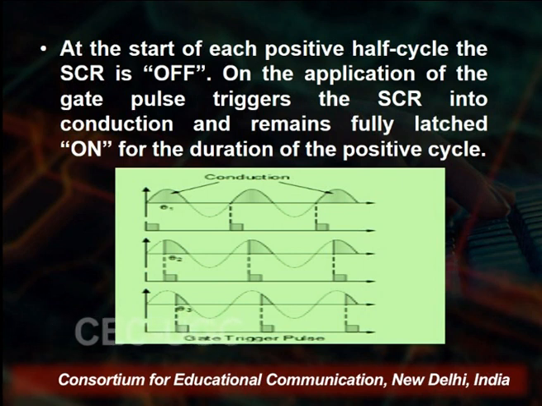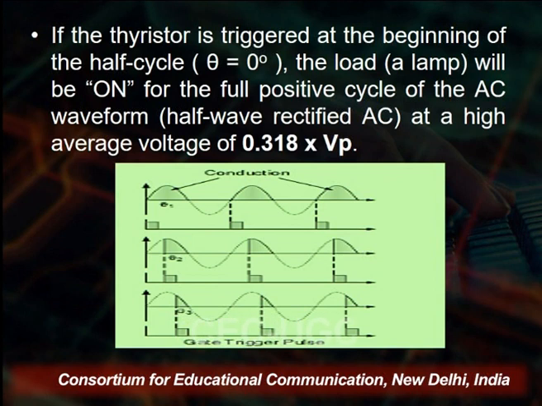Now, if the thyristor is triggered at the beginning of the half cycle, that is theta equal to 0, the load will be on for the full positive cycle of the AC waveform, as you see, and it is a half wave rectifier. That is why it is charged up to the half wave average voltage of 0.318 times Vp.